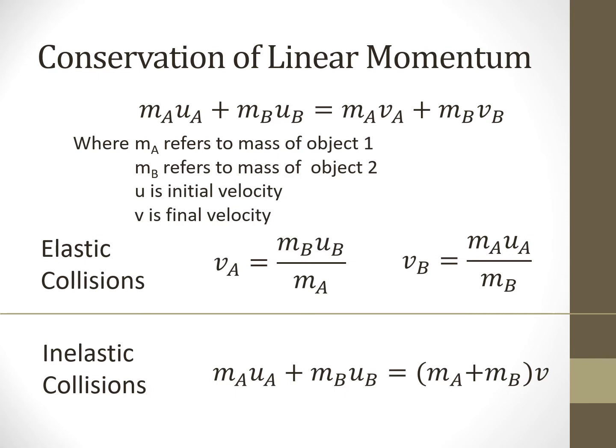Now for inelastic collisions, since after collision they will stick together, they will have the same final velocity. Therefore, we can use this equation, MAUA plus MBUB is equivalent to the quantity MA plus MB times V.